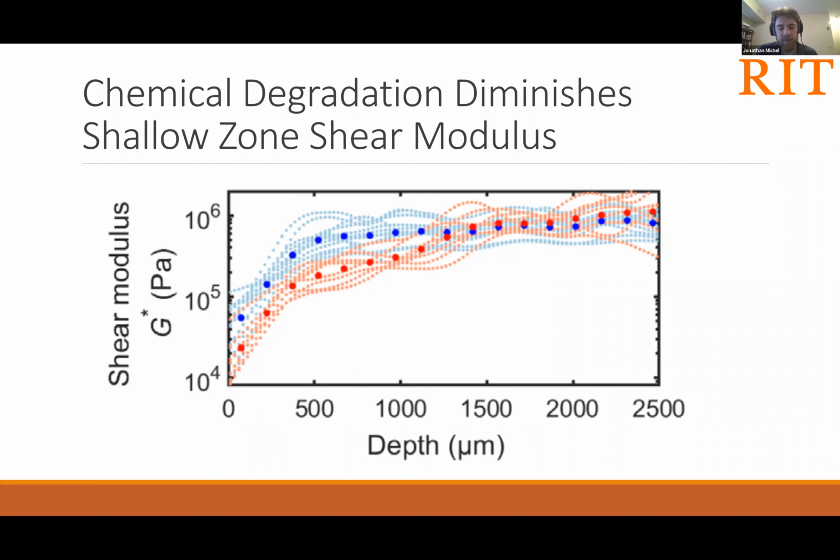If you bathe this polyelectrolyte in a bath of counter ions, you can lower its shear modulus by 200-300 kilopascals. So it's true that this is much higher than what you would see if you just had a bare collagen network.